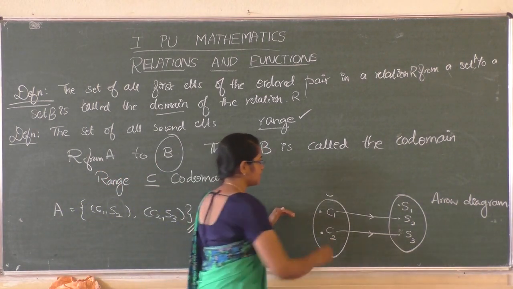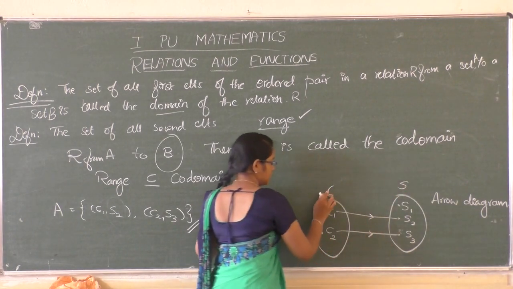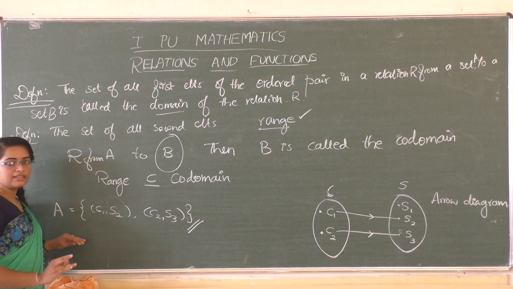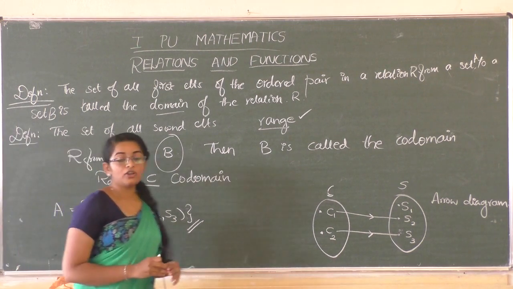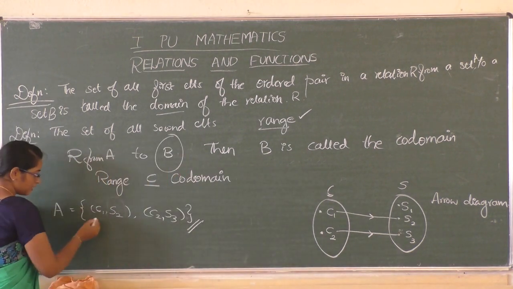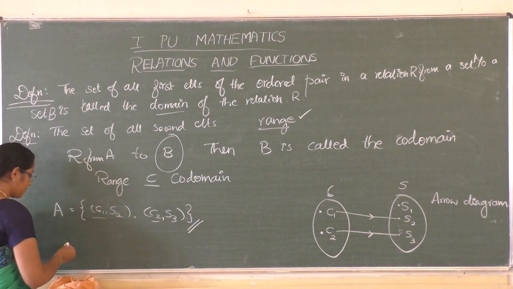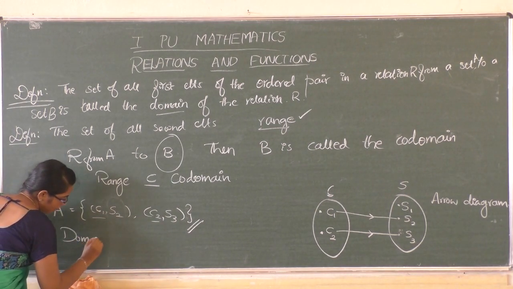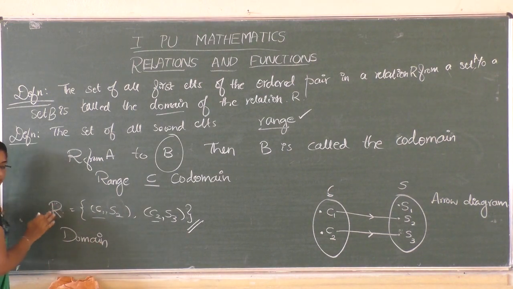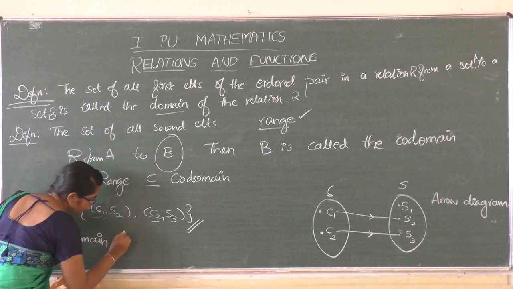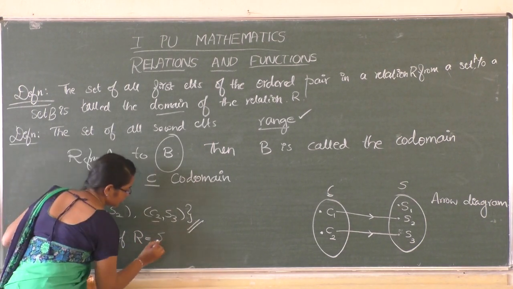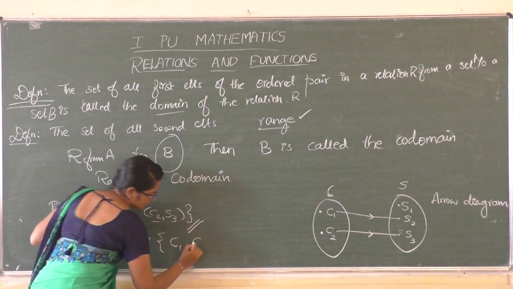Now, coming to this example here, this is a relation from the set C to the set S. Now, what is the domain, codomain and range? We shall find that out first. The set of all first elements is called the domain. We will name the relation R. Domain of R is equal to the set of all first elements, that is C1, C2.